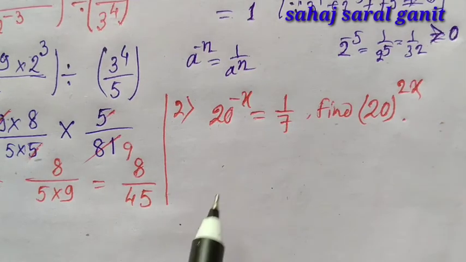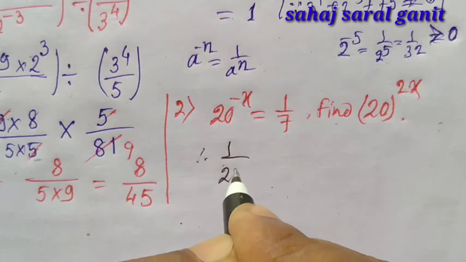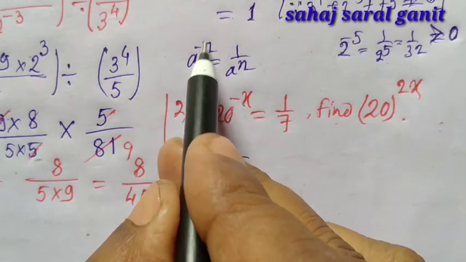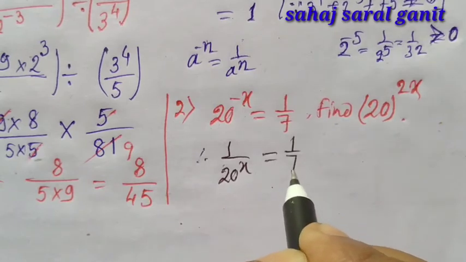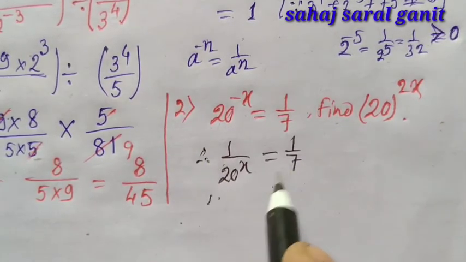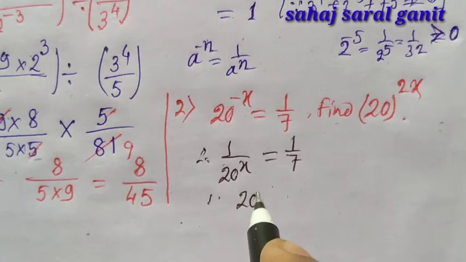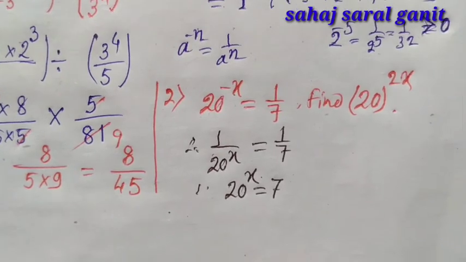Now we have 20 to the power minus x is equal to 1 upon 20 to the power x, as a to the power minus n is equal to 1 by a to the power n, and it is equal to 1 by 7. Therefore, taking reciprocal both sides, we have 20 to the power x is equal to 7.